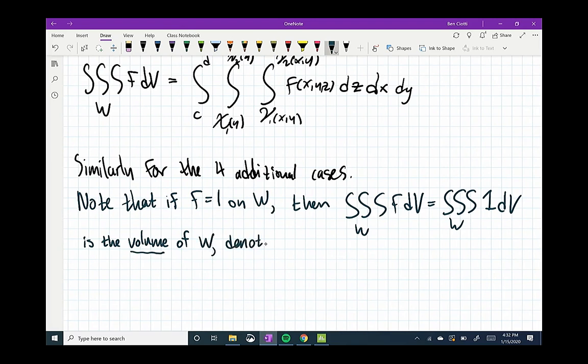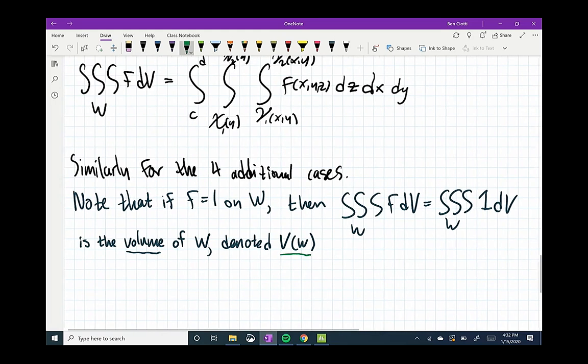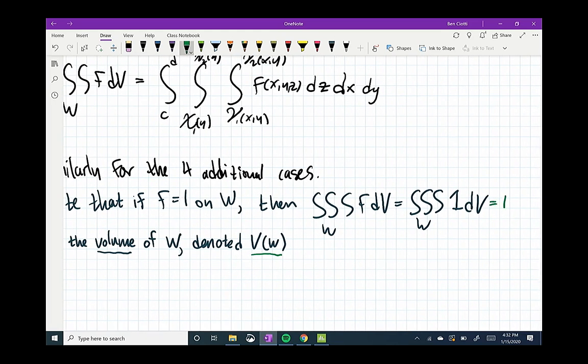And we're going to denote this by V of W. So we can write this is equal to V of W.